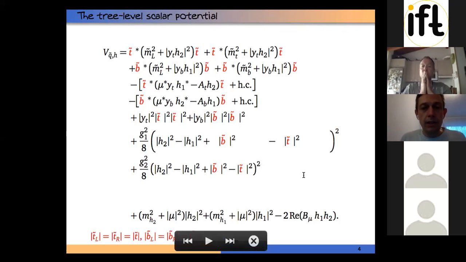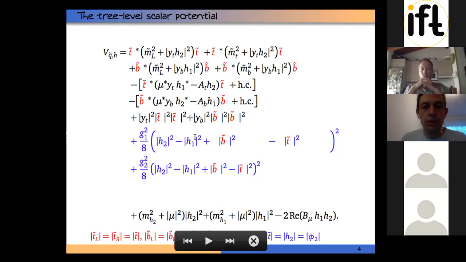Now we can look into the other D terms related to the hypercharge and the weak isospin. You do a similar identification of the fields. Here you say, okay, the top quark field goes in the same direction as the up-type Higgs, which somehow also seems to make a bit of sense.